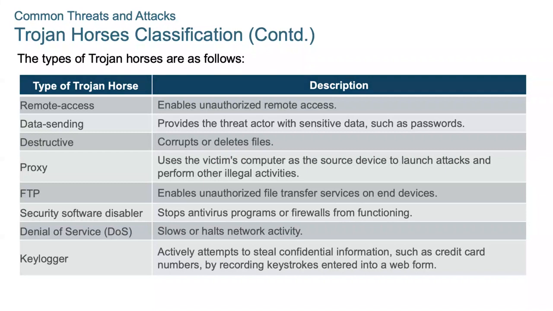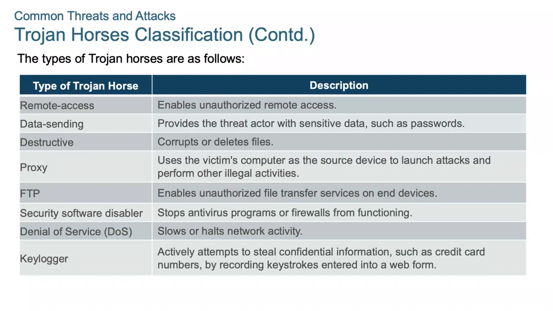data. So first one is your remote access type of Trojan horse, which enables unauthorized remote access. And second one is your data sending, as we said, that provides the threat actor with sensitive data like usernames and passwords. And the destructive type of Trojan horse that corrupts or deletes the files on the hard drive of the personal computers.